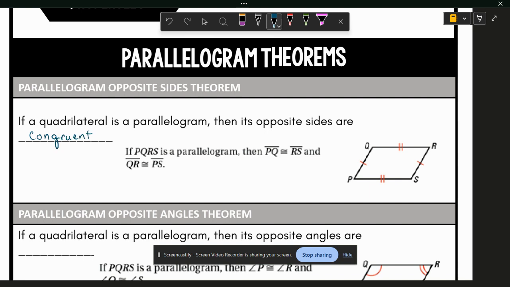So if you have two pairs of parallel sides, then each of those sides is also going to be congruent as well. So it shows you PQ and RS are equal to each other, QR and PS are also equal to each other there.